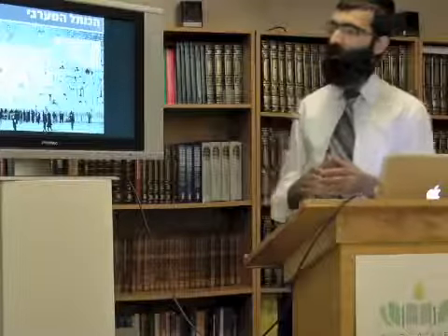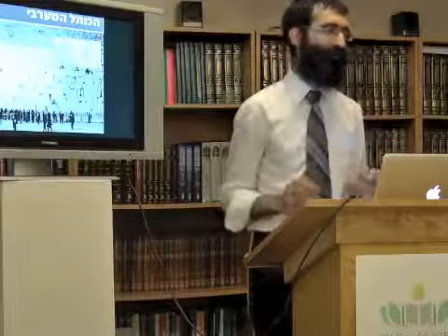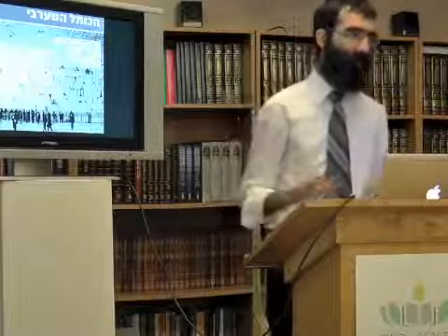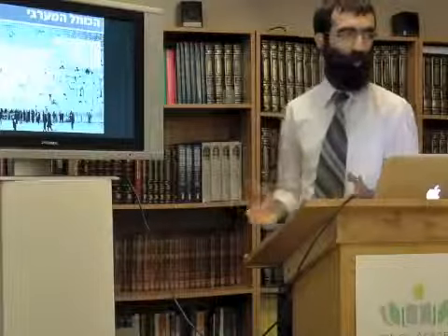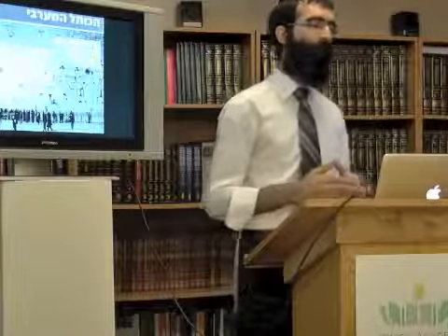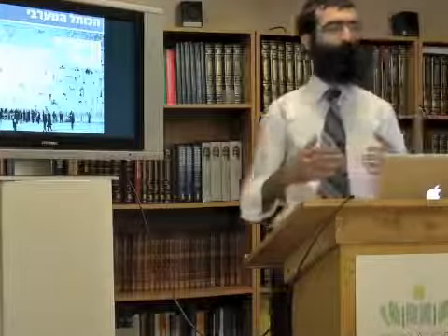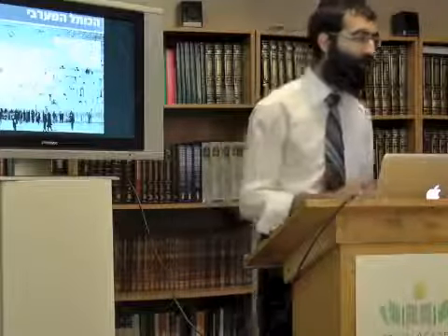But something I want to clarify first is, this wall isn't part of the actual temple. The second temple was destroyed by the Romans. There were, as you know, two temples. The first temple was built by King Solomon, and then 400 years later, King Nebuchadnezzar and the Babylonians destroyed it and exiled the Jewish people.